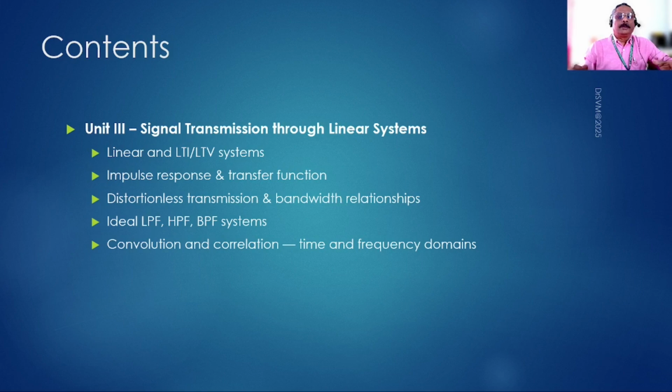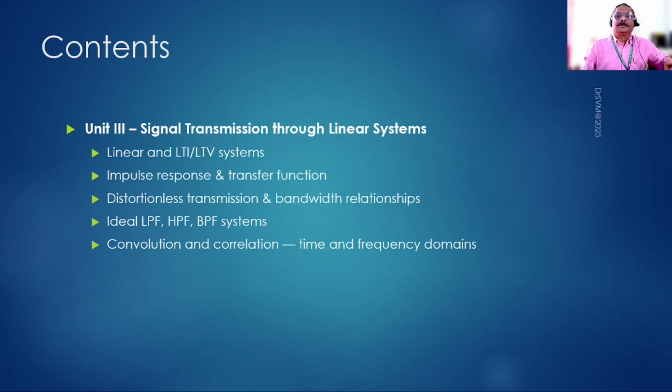Then we look for different filters like low pass filter, high pass filter, band pass filter, which a system may behave like, because no system can allow an infinite bandwidth signal, that is from 0 to infinity on frequencies. It cannot allow that. Some frequencies it allows, some frequencies it will not allow. If it allows only low frequency signals, then we can call it a low pass filter.